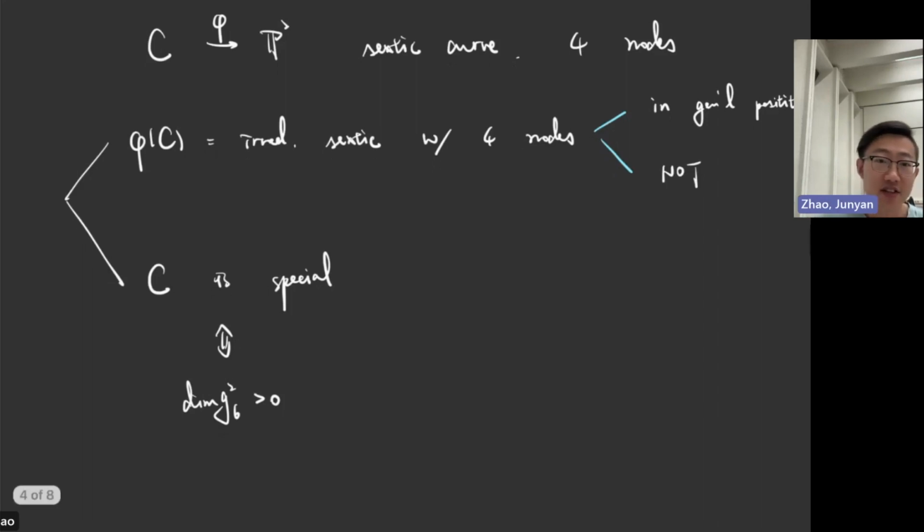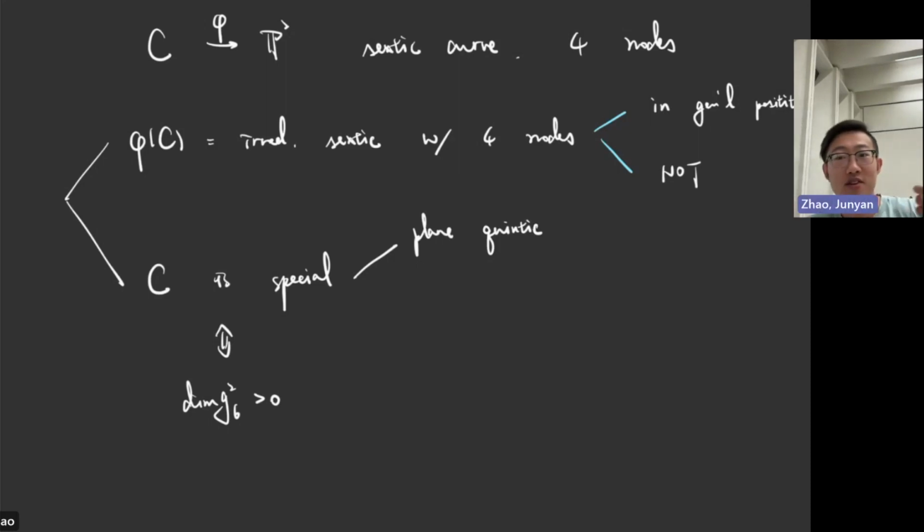So in the second case, when C is special, this is a classical result. We have a classification of such special curves. Either it's a plane quintic curve. Of degree 5, if you compute the degree 5 smooth curve in the plane, you'll find the genus is equal to 6.